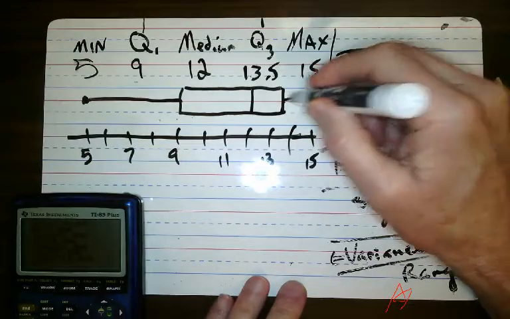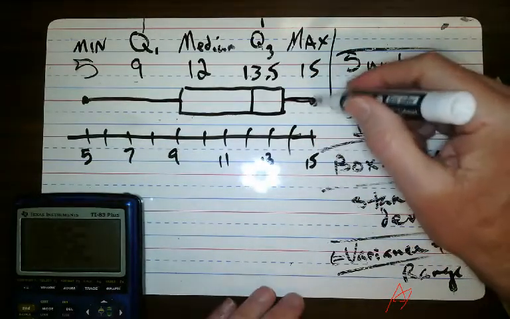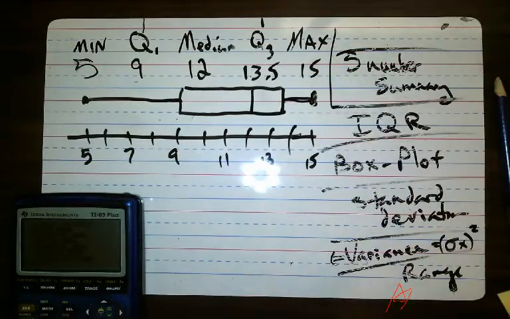Check it out, there we go. So whenever you make a box plot, that's all you're doing. Now we've got the 5-number summary done, and we did the box plot. That was easy as well, right?